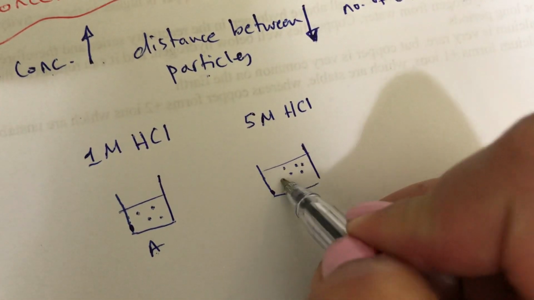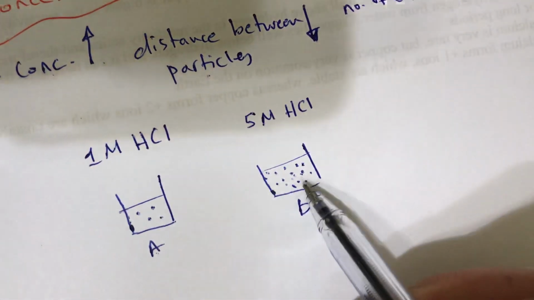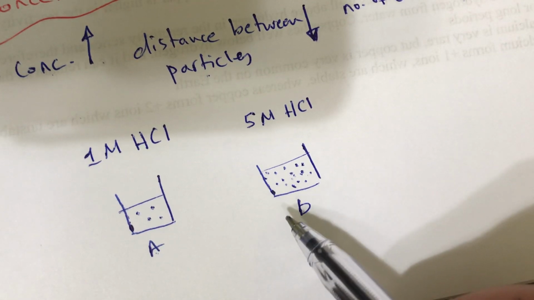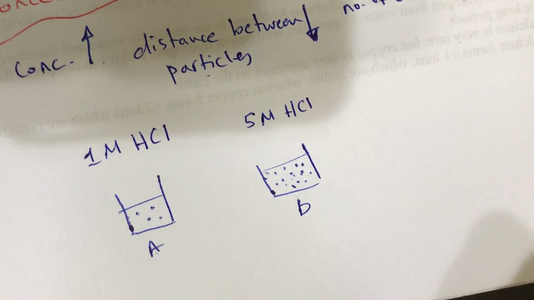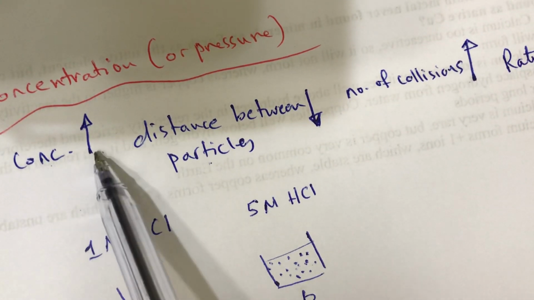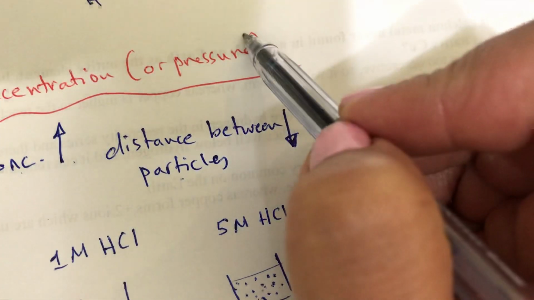So the distance between particles decreases, the collision between particles increases, so the rate of reactions increases. So again, according to concentration, as concentration of particles increases, they become closer to each other, so number of collisions between them increases, so the rate of reaction increases.